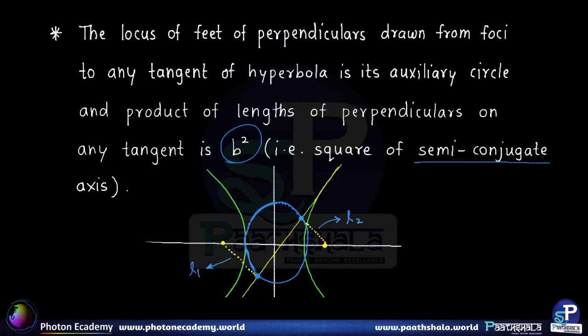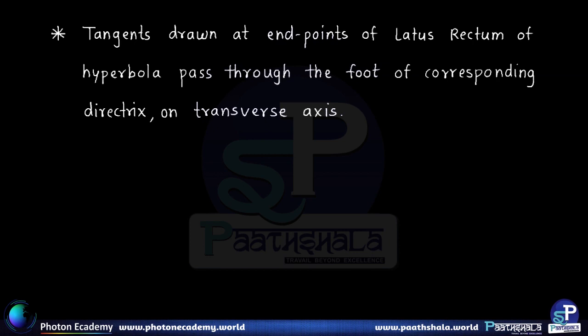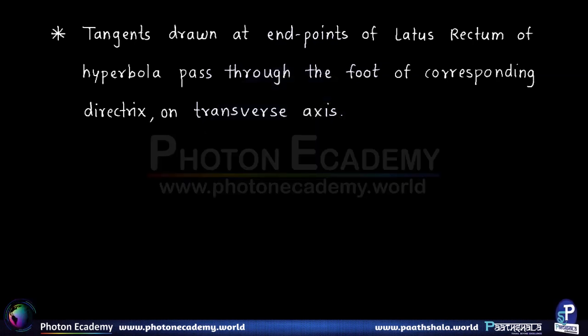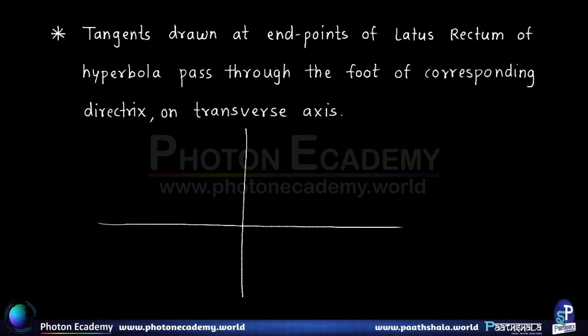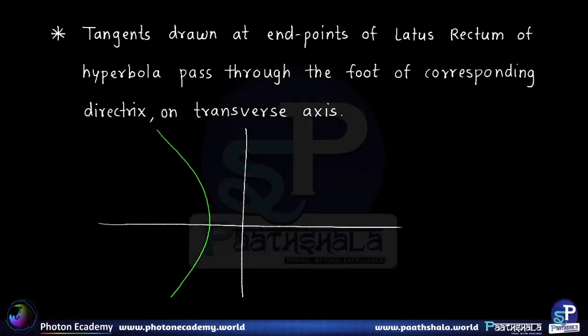Moving on to the next one. Tangents drawn at endpoints of latus rectum of hyperbola pass through the foot of the corresponding directrix on the transverse axis. So here also let us first draw the hyperbola. You know that the directrix will be located inside, that is towards the y-axis, like this.